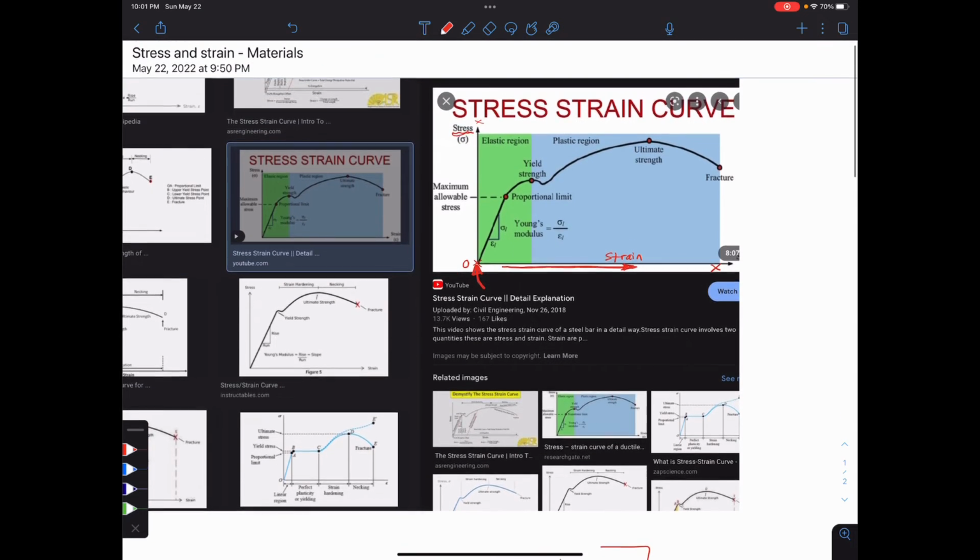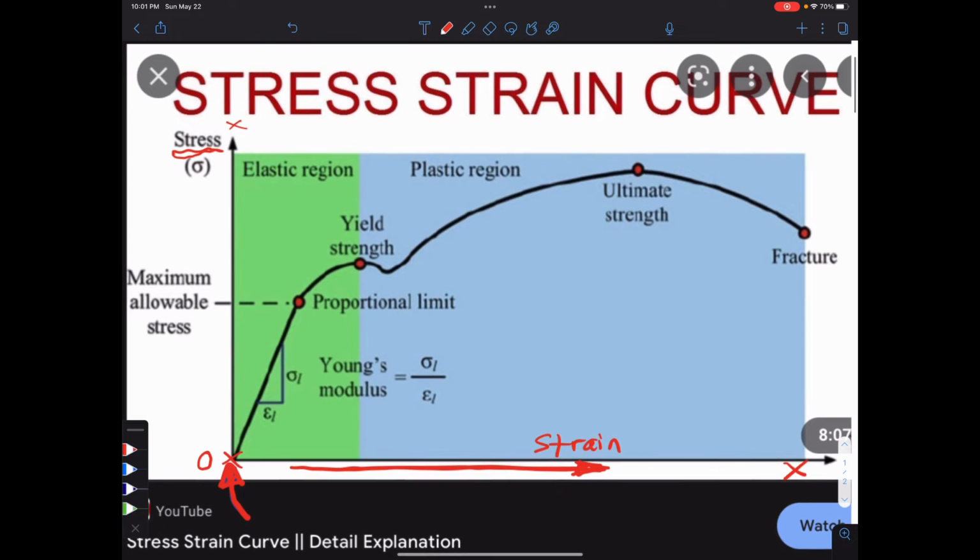Zooming back in on our stress and strain curve. So we talked about the slinky starting right at the bottom left-hand corner here, right? It's at 0 stress and 0 strain. We start pulling on it, and now there is deformation of the slinky, so we're moving along the right-hand side of this.